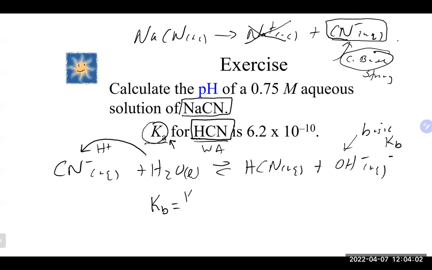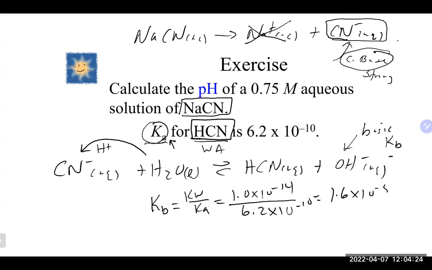So the Kb will be Kw divided by the Ka, which will be 1 times 10 to the minus 14, divided by 6.2 times 10 to the minus 10. That gets us, looks like 1.6 times 10 to the minus 5 in this case.